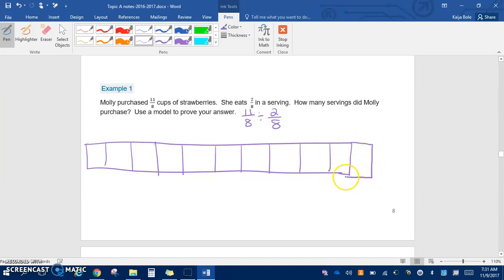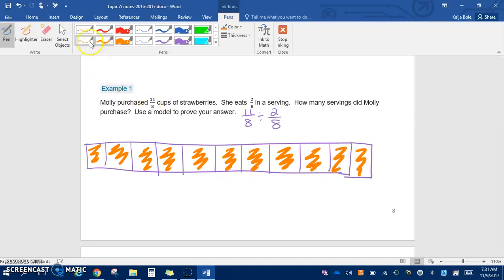One more, and we know that we are going to shade in all 11 of them to represent our 11/8. So go ahead and shade all of those in. And now we see that we're dividing by 2/8. So we want groups of 2 from here.